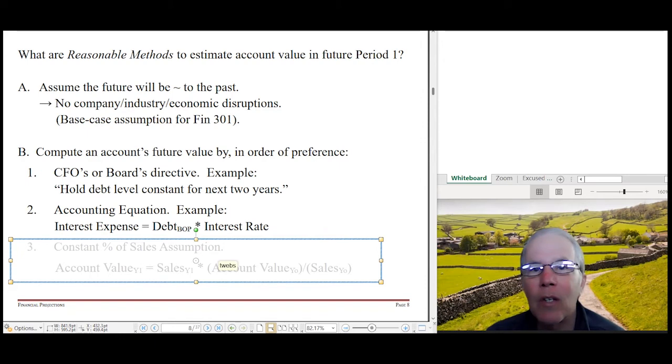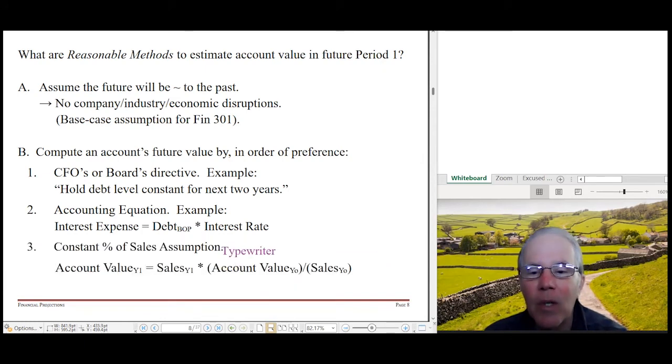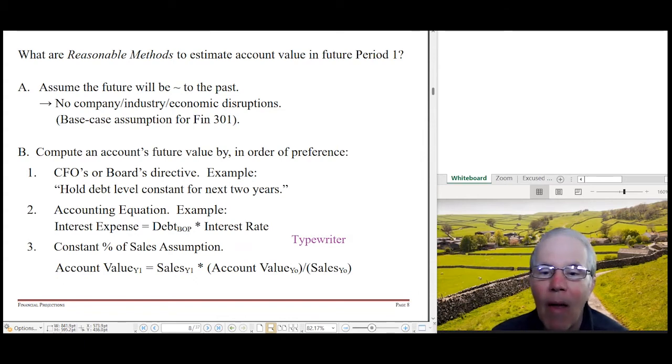And then if we don't have a directive from the board, that's number one. And number two, we don't have an accounting equation we can use, then we're going to use what's called the constant percent of sales assumption. And in this case, we'll say that an account's value in the coming year, year one, is going to be equal to the sales in year one times the account value at year zero, t equals 0, divided by the sales at year 0.